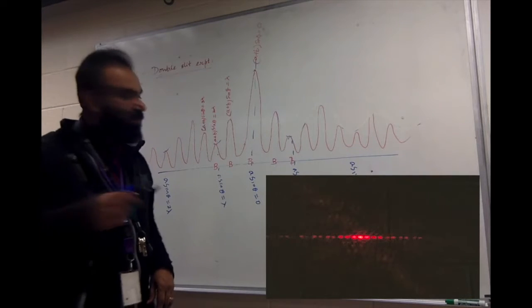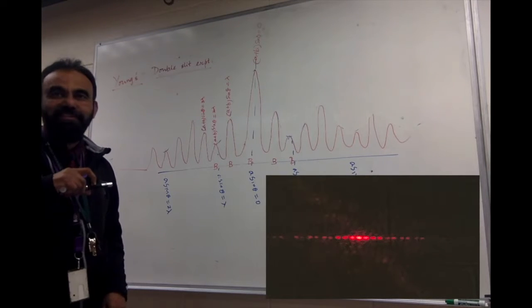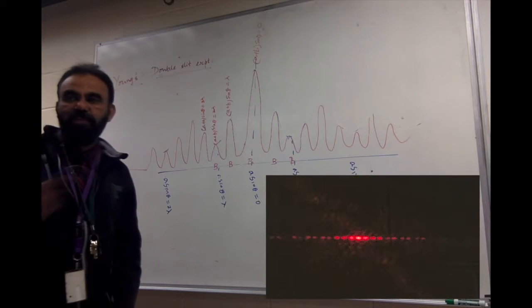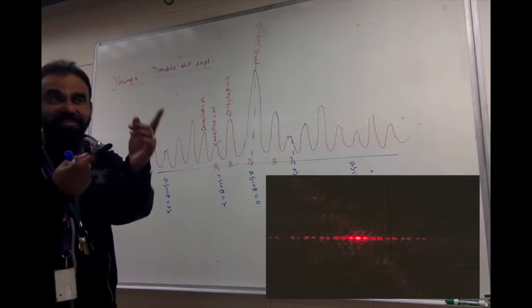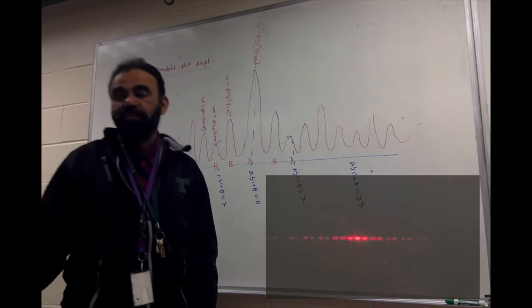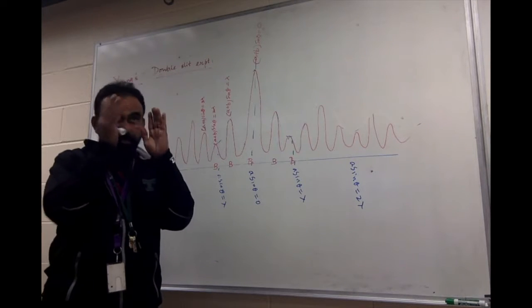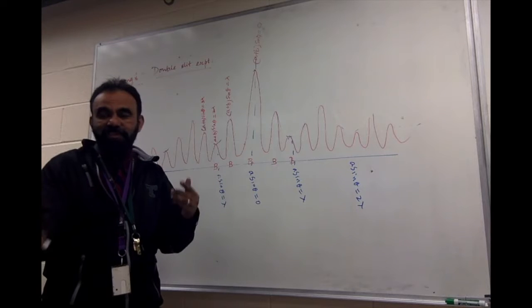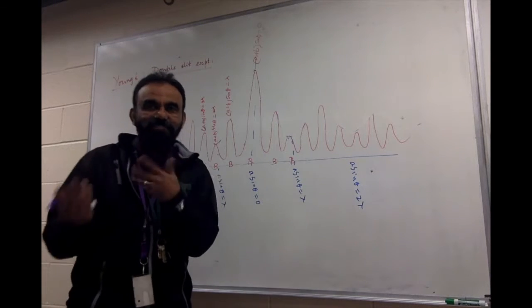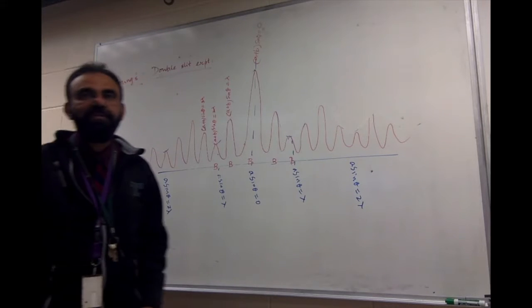Although I have this blue one, the blue is not so easily sensed by your eyes. So by the time it goes through this, it's not clear to your eyes. Interference and all that is taking place, but since our cones don't receive blue as well as red or green, green is the best one.